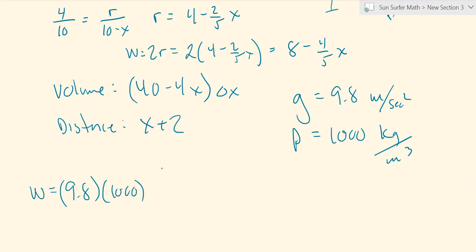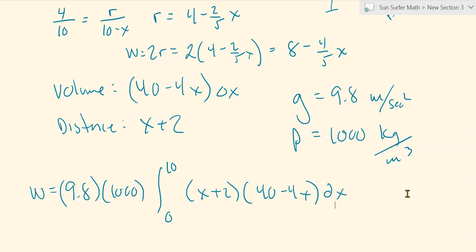And our bounds of integration, again, is the distance the water is being pumped from x equals 0 to x equals 10, times our distance formula, x plus 2, times our volume formula, 40 minus 4x, and the delta x becomes our dx. And that is the basic integral.